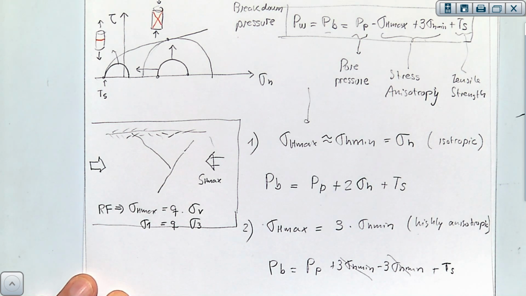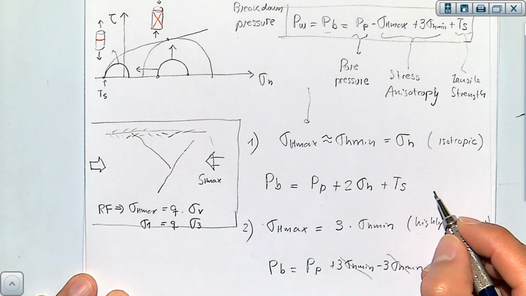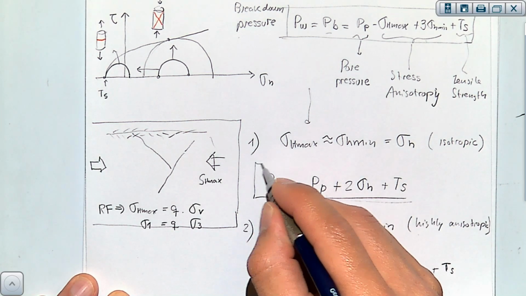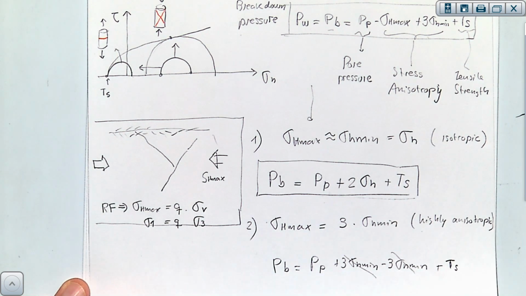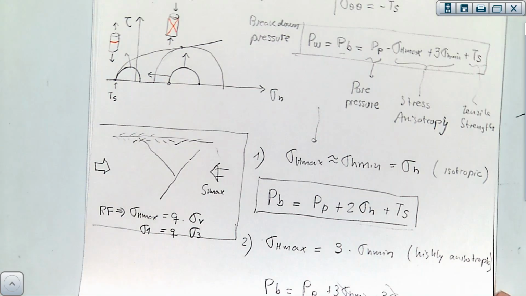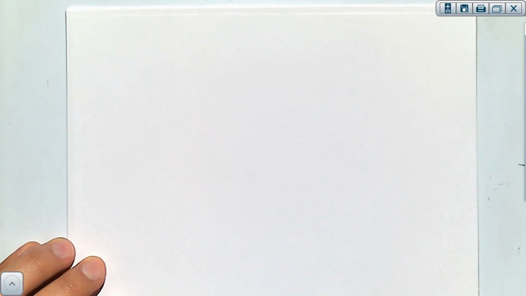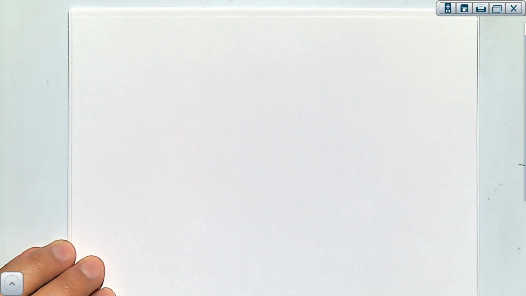Okay. So let's use number 1, and we'll see what the leak-off test looks like. Are you guys familiar with the leak-off test? Yes? Raise your hand if you are.